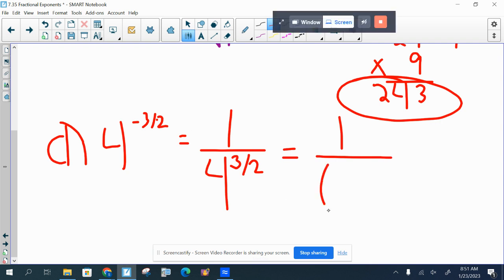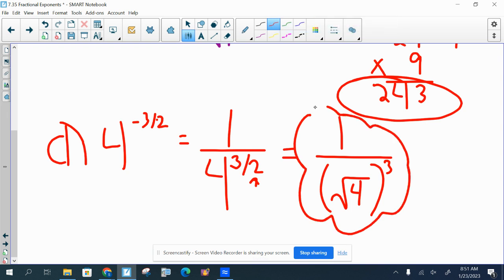We're going to make parentheses. What's going to be our exponent now? 3. And then since it's a 2, that means square root of 4. So this is radical form.